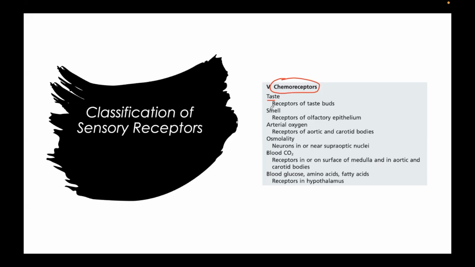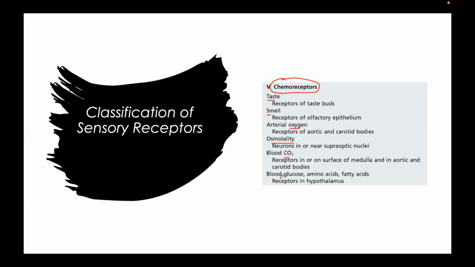We have taste, smell, arterial oxygenation, osmolality, the blood carbon dioxide, as well as chemoreceptors for blood sugar or blood glucose, amino acids, and fatty acids.